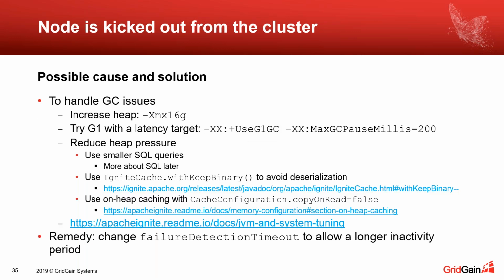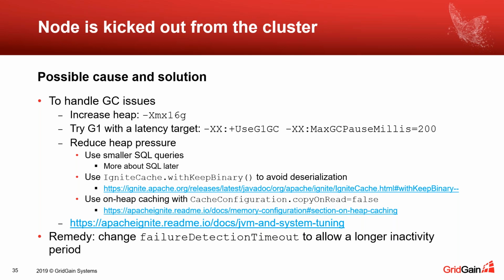So how do you handle your GC issues? The first thing that you could do, as a remedy, is try to increase your Java heap size. This is the usual solution for any Java application. Another thing is trying to use the G1 garbage collector, and in Java 8, you need to enable it by using a command line flag.